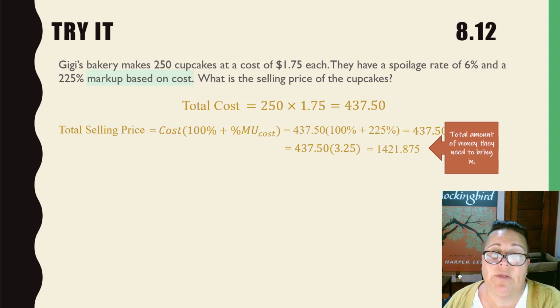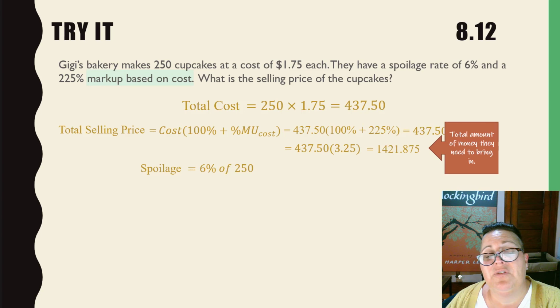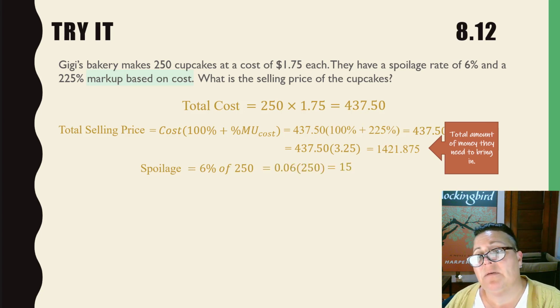Now, again, a spoilage rate of 6% does not mean that 6% will necessarily spoil. It means that 6% could be spoiled or lost, which, if I'm making 250 cupcakes, I'm going to assume that some of them are going to be lost to taste tests. So our spoilage is 6% of 250, and 6% of 250 is 15 cupcakes.